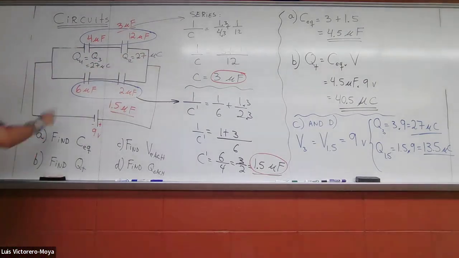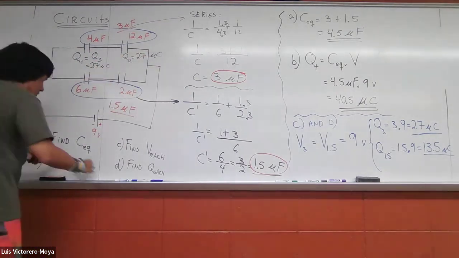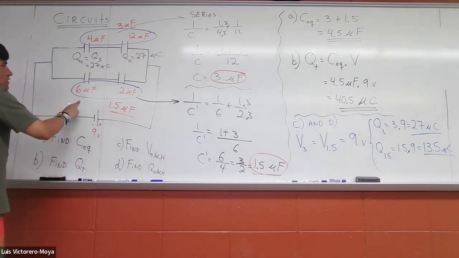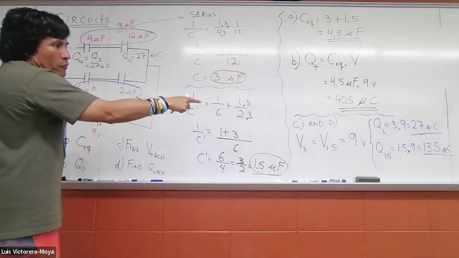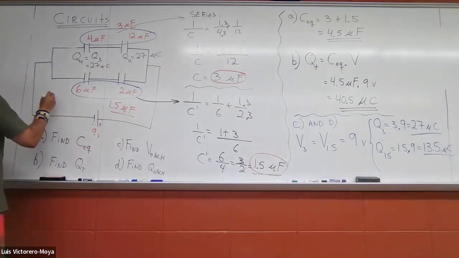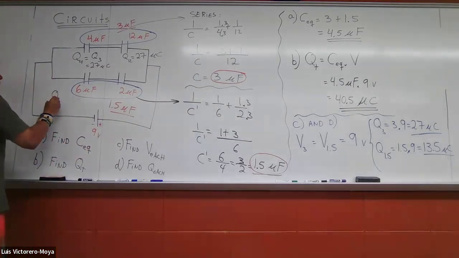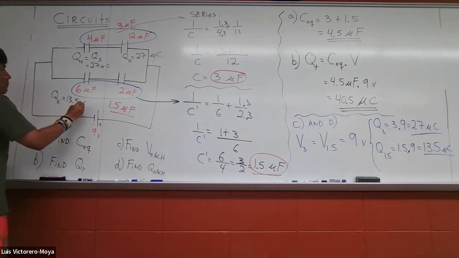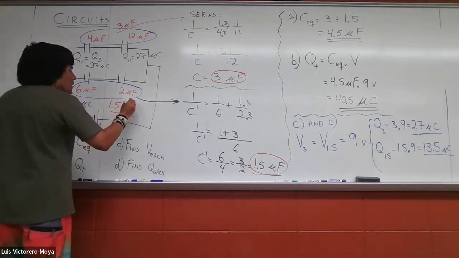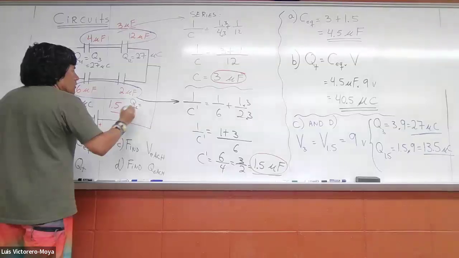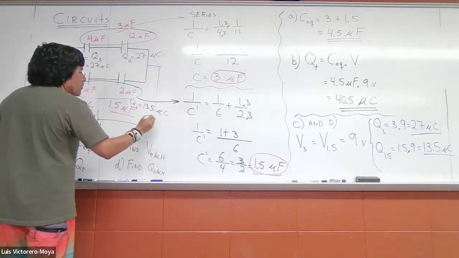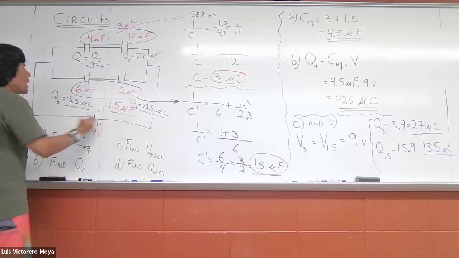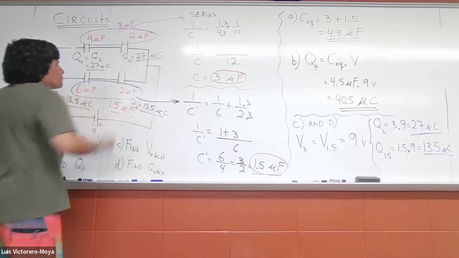Now, what about here? The charge on 6 is equal to the charge on 2, equal to the charge on 1.5, which is 13.5. So the charge on 6 is 13.5 microcoulomb, and the charge on 2 is 13.5 microcoulomb. So these are all the charges.